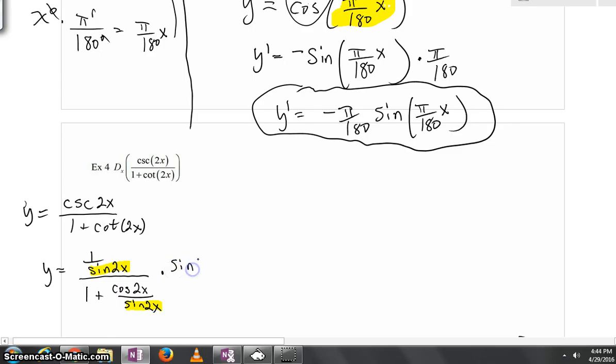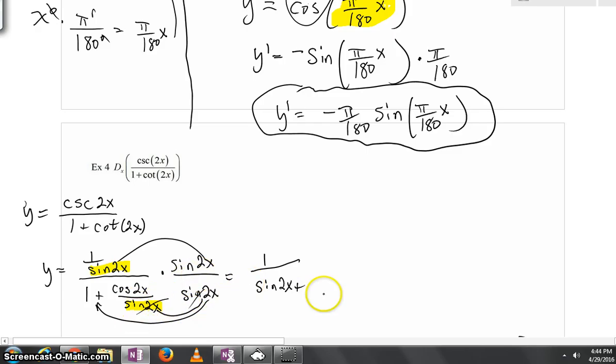But like we've been doing all year long, we're going to multiply by that LCD. And when you do, the sine of 2x will cancel with this one. You'll just have a numerator of 1. Down below, we'll have the sine of 2x plus, and now when we multiply here, the sine of 2x's cancel out. You're left just with the cosine of 2x.